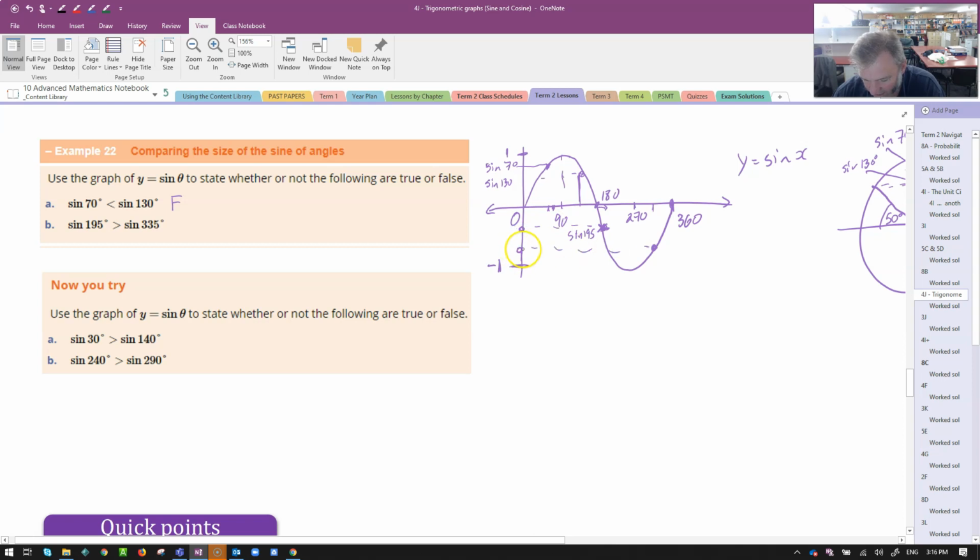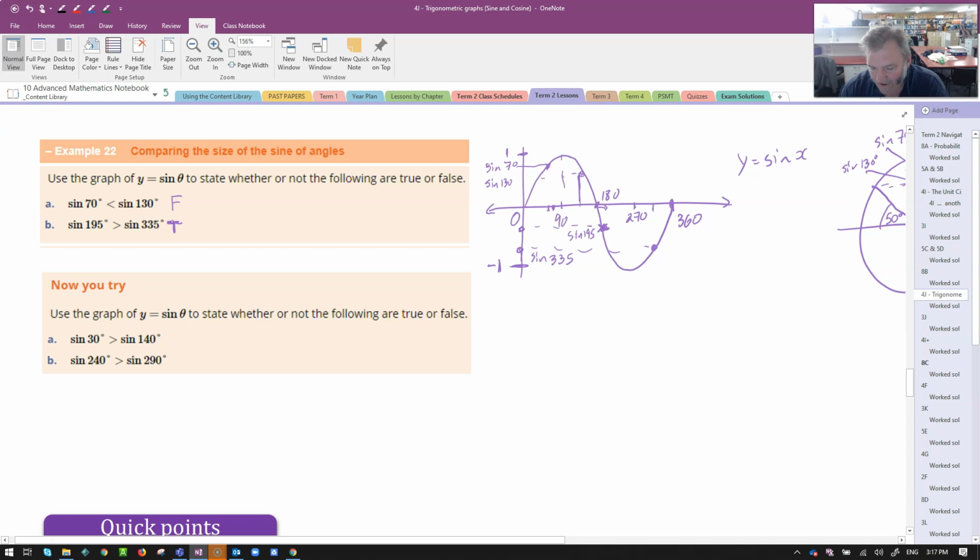And if I trace this point back to the y-coordinate, that's closer to the sine of 335. So is the sine of 195 greater than the sine of 335? Well, the magnitude is less. It's a smaller vertical distance, but because I'm looking at negative numbers, a smaller negative number is larger than a big negative number. So in that case, I would say yes, it's true.